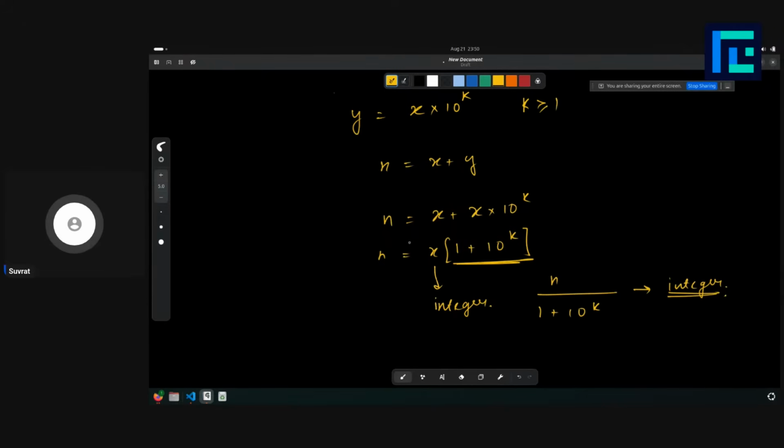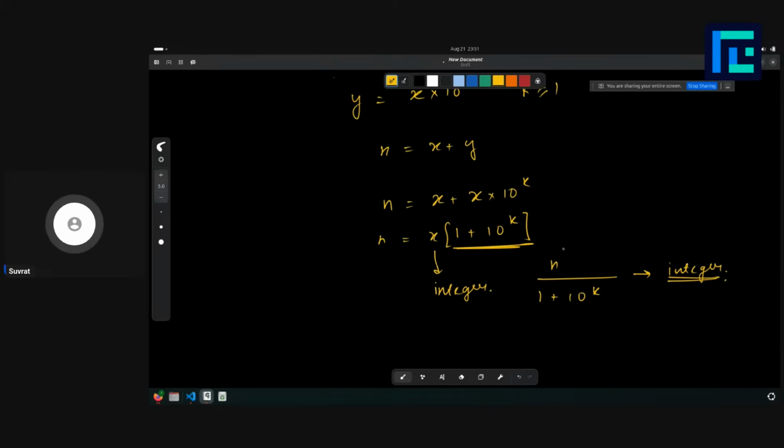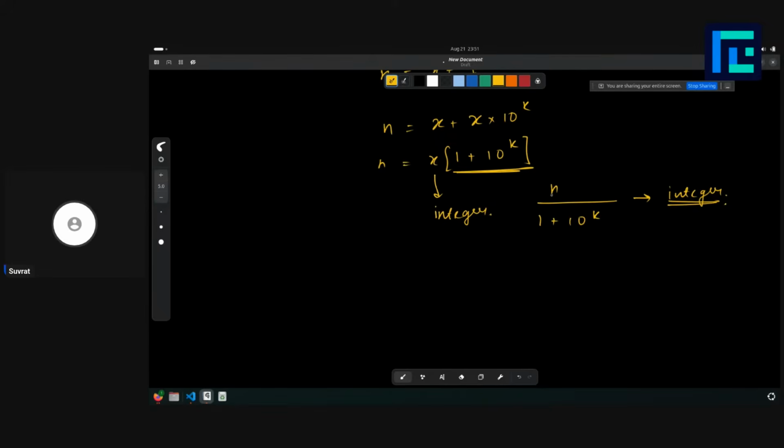So to find all the possible x that could have been, we can simply iterate over 1 plus 10 to the power k and check if n percentage 1 plus 10 to the power k is 0 or not. If it is 0, then x has a possible answer of n upon 1 plus 10 to the power k.